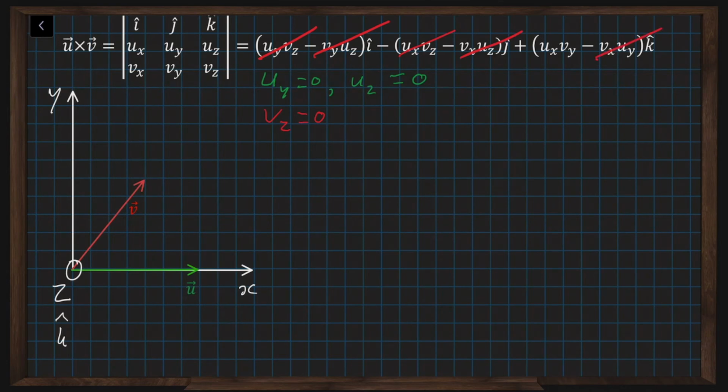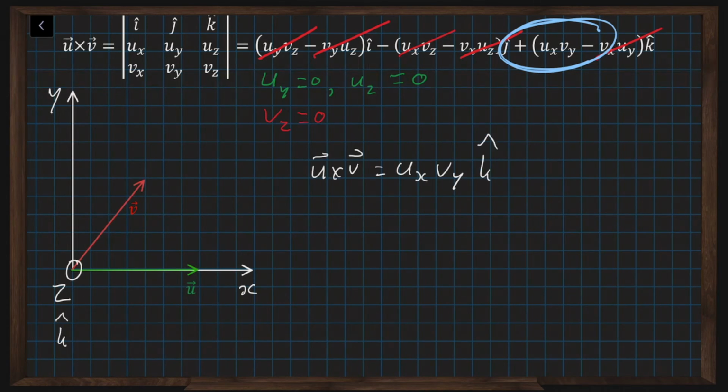You see, the important thing about maths is always make your life as easy as possible. So now we are only left with that bit here, so we will write that out again, and in our case u cross v is equal to ux vy, and that's multiplied by k hat.